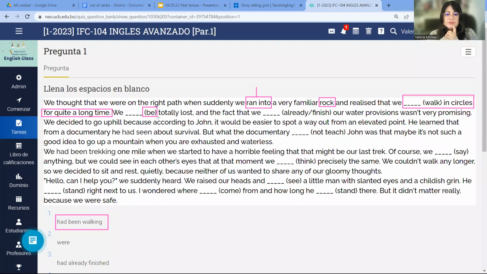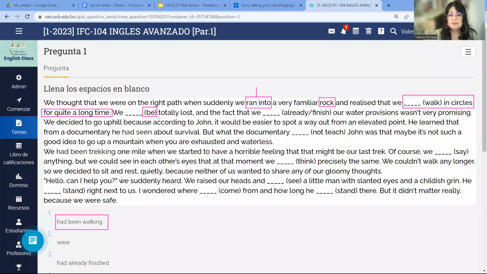Could be, but we are not talking about something that happened before an action in the past. Because when we ran into a very familiar rock, we were lost. So they are at the same level, right? This didn't happen before another action. This happened at the same time. We were lost.